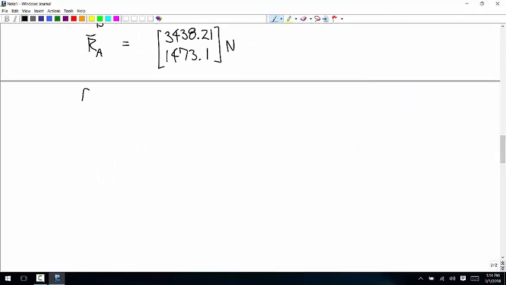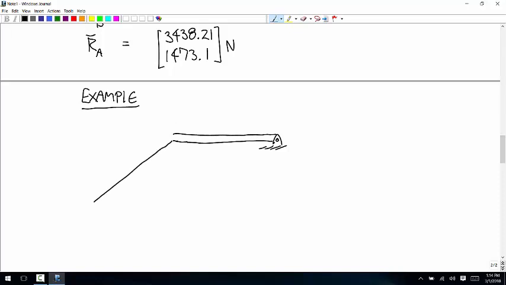Okay, so the next one. We have a pin joint over here. And this beam is horizontal for 1 meter. And then bends down like that.